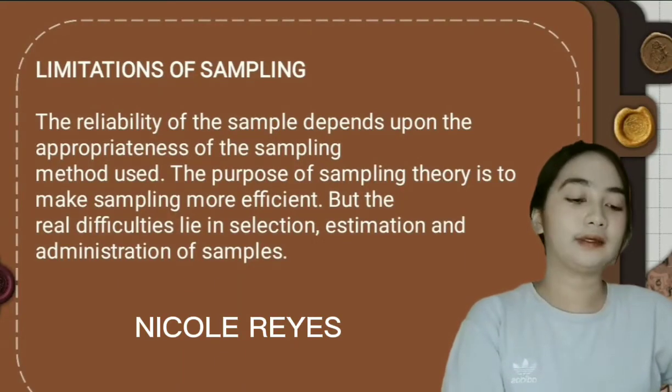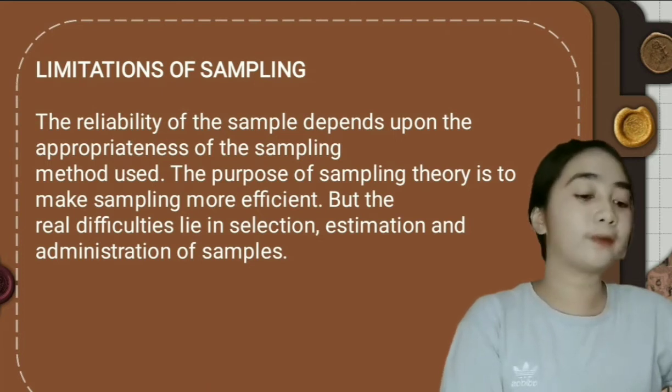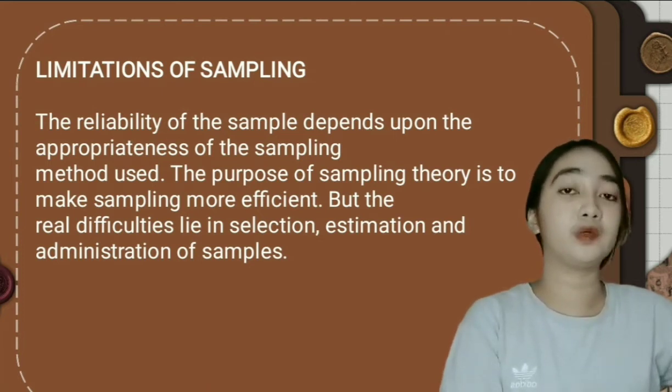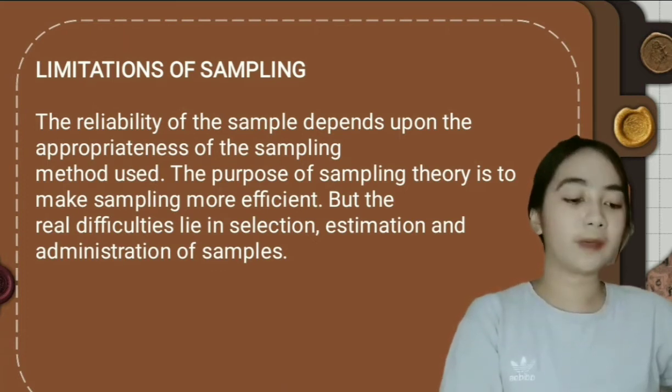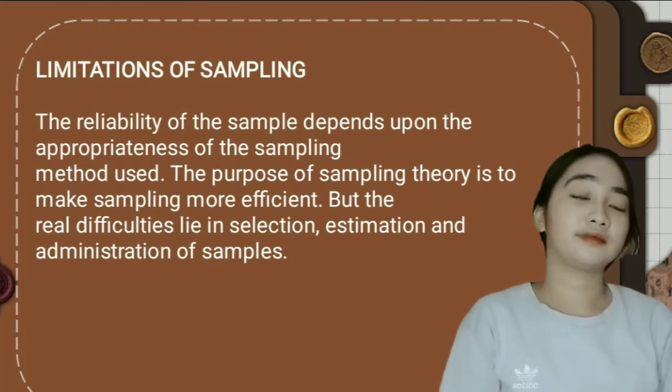Limitation of sampling. The reliability of the sample depends upon the appropriateness of the sampling method used. The purpose of sampling theory is to make sampling more efficient, but the real difficulties lie in selection, estimation, and administration of samples.